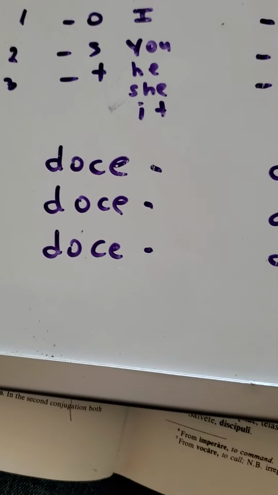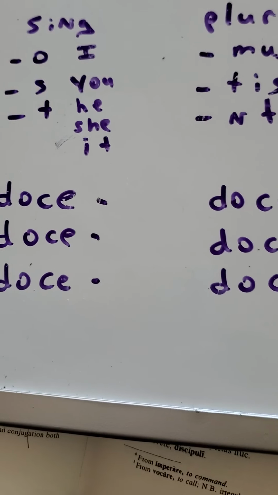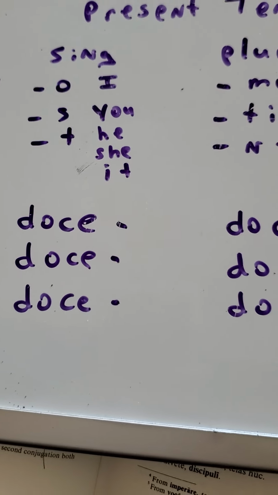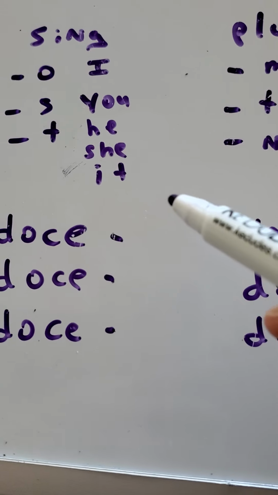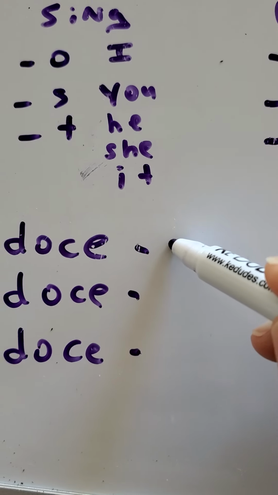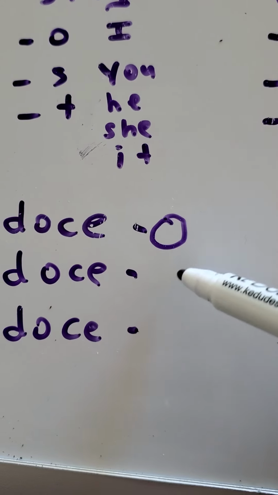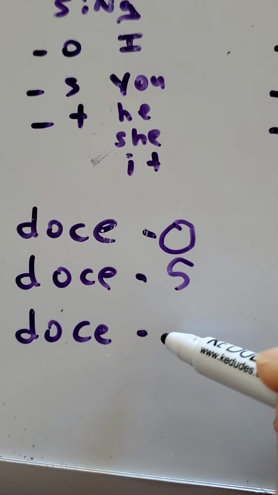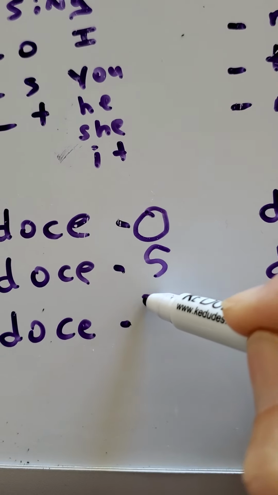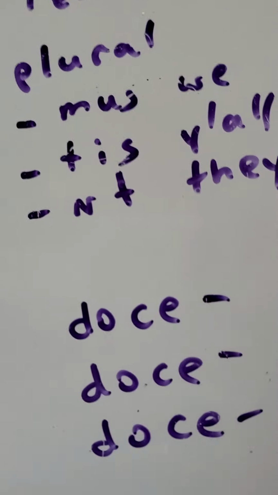We'll take the stems that we just formed, and very easy, we are going to write them down. If I could do this. O, S, T, it's tricky. Okay, oops.